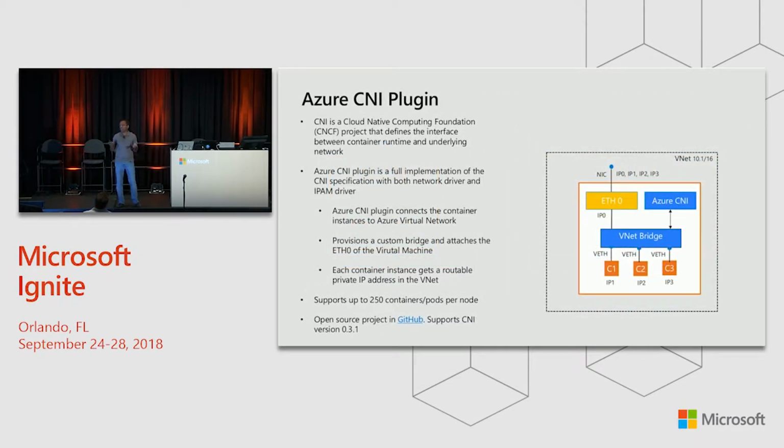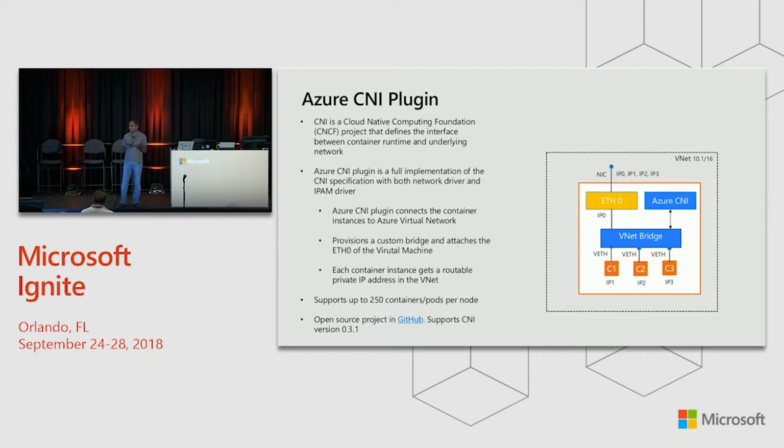So what's Azure CNI? What is CNI to start with? CNI is the Container Networking Interface that is now owned by CNCF, the Cloud Native Computing Foundation. It's a very simple way of providing networking for containers. It has specifications of how a network driver and an IPAM driver should work, right?